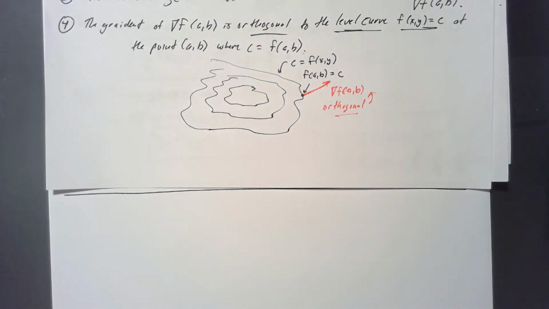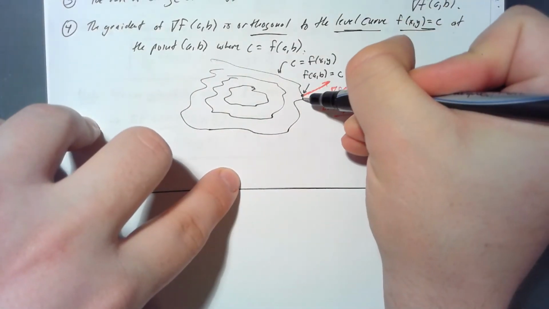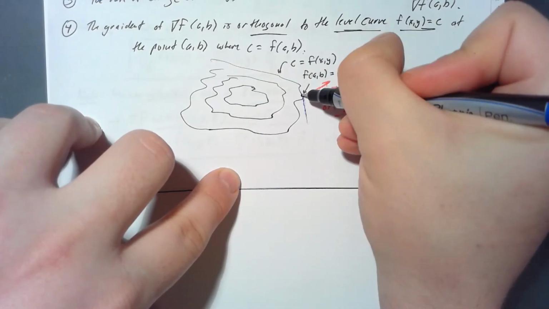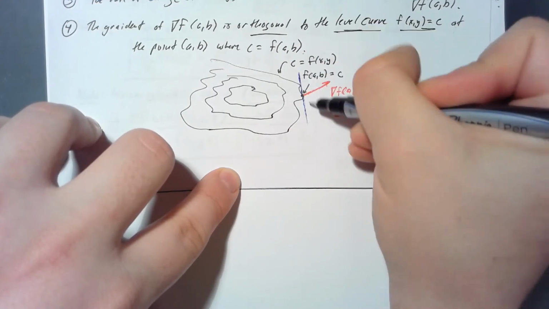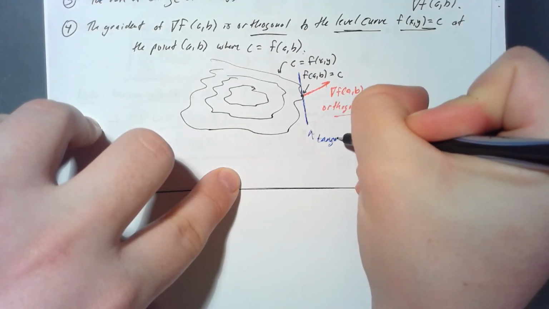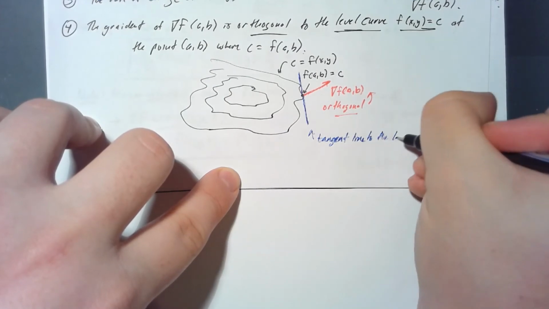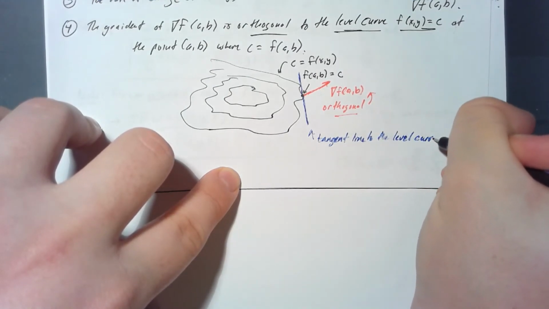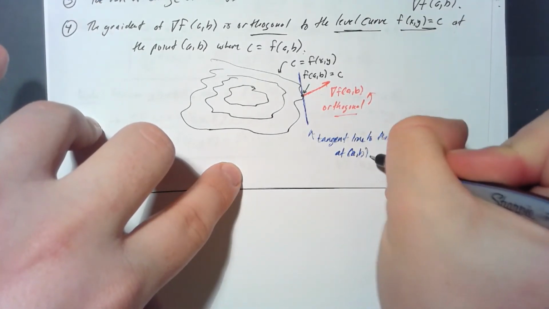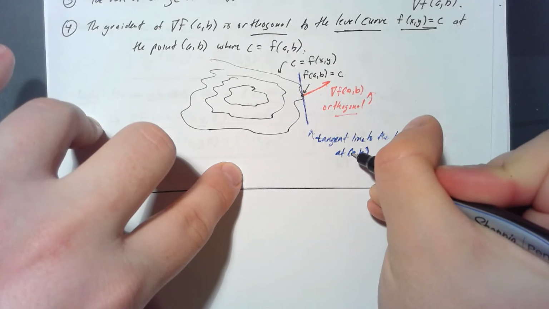So the tangent line to this curve. If I were to make this as best as possible, that would be the tangent line to the level curve at the point A, B. I know that looks really light.